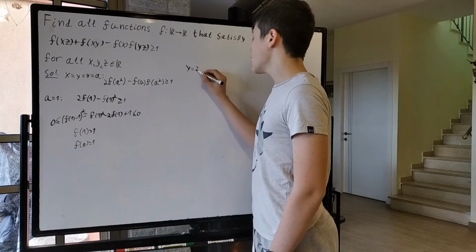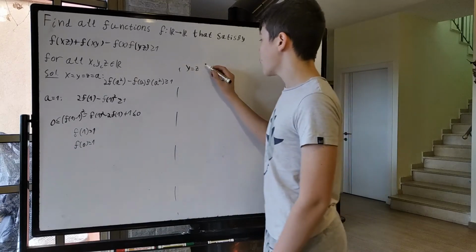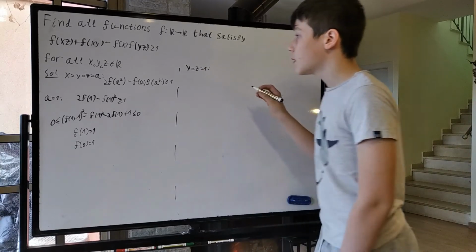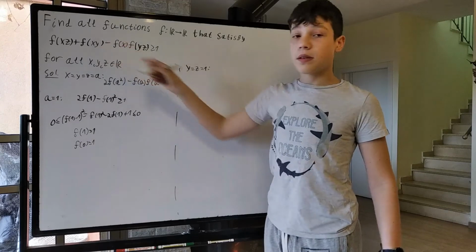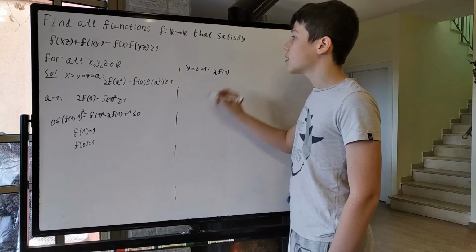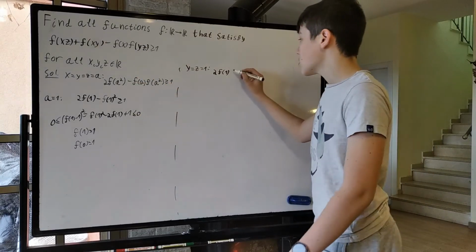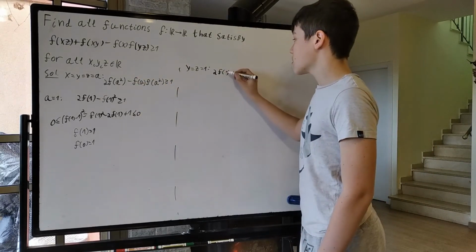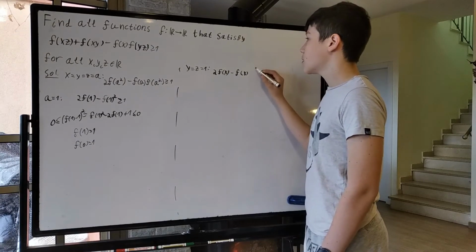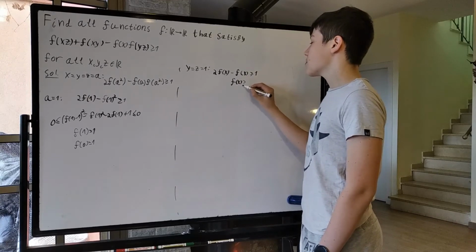So if y and z are both equal to 1 and x is free, we get f of x plus another f of x. That's 2f of x minus f of x times f of 1. But f of 1 is 1. So just minus f of x, so f of x minus f of x is bigger than or equal to 1. And so f of x is just bigger than or equal to 1.